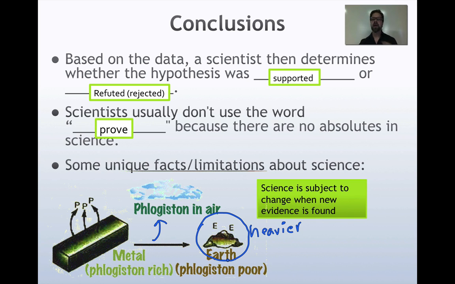So that goes directly against the idea of phlogiston, and they had to throw the whole idea away because it wasn't true. In fact, what really happened, and we'll use magnesium as an example, when magnesium burned, oxygen from the atmosphere was able to combine with it, and that gave us a new compound called magnesium oxide. And magnesium oxide is heavier than magnesium.